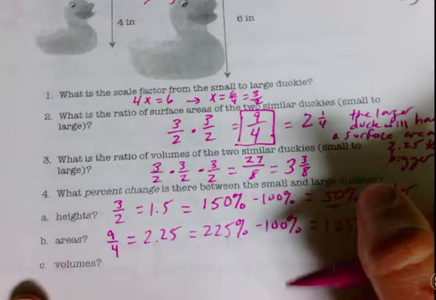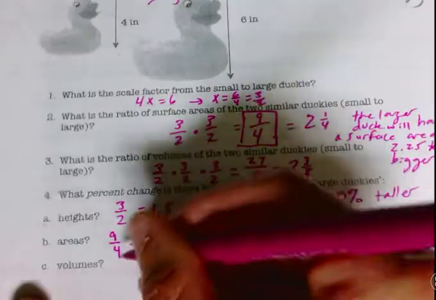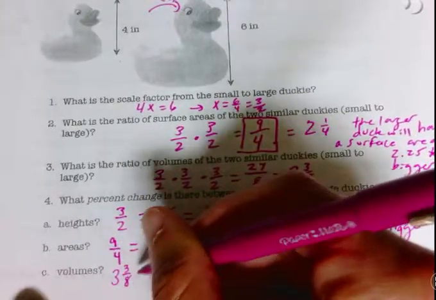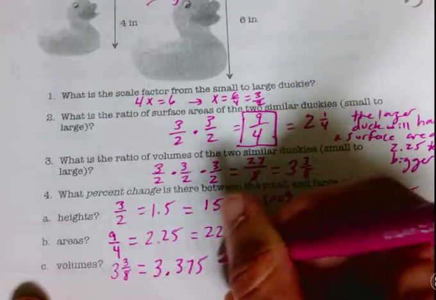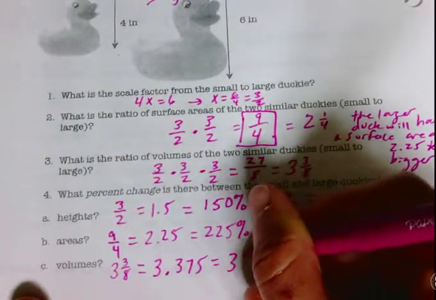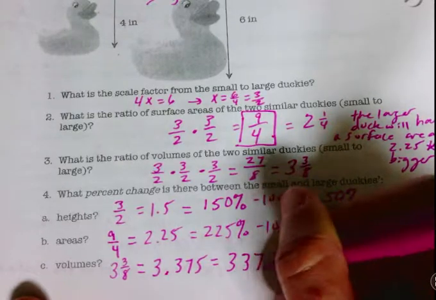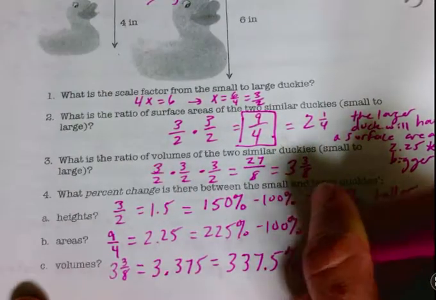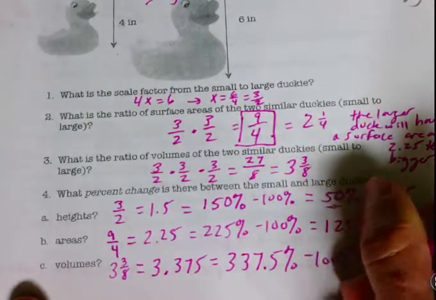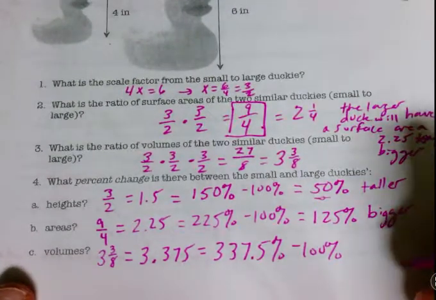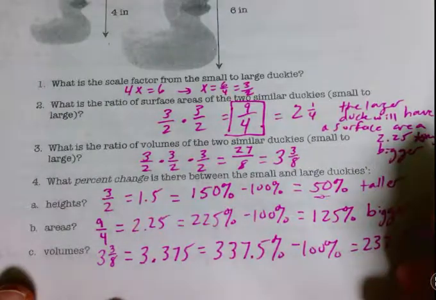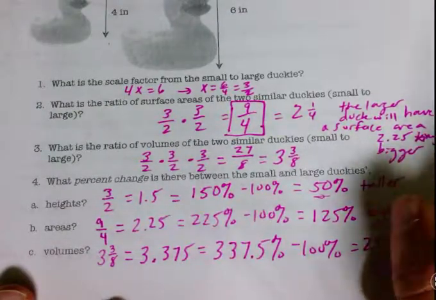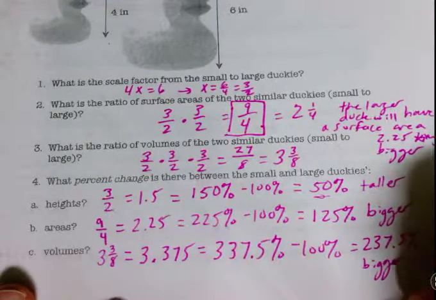And then the volume scale factor is 3 3/8, right? So 3 3/8 equals 3.375, and that equals 337.5%. But I want to take away that original 100% to think about the percent change. So it's 237.5% bigger in volume.